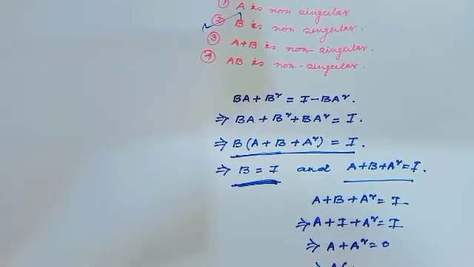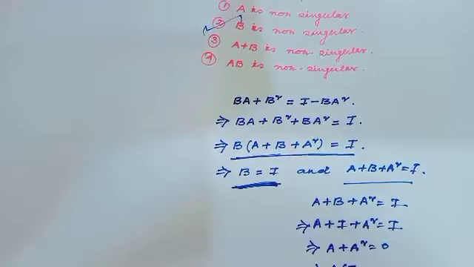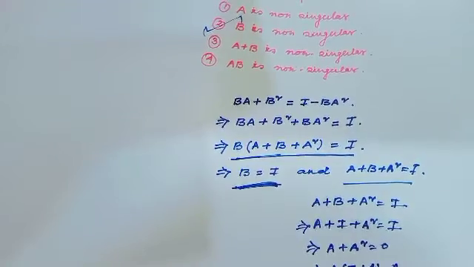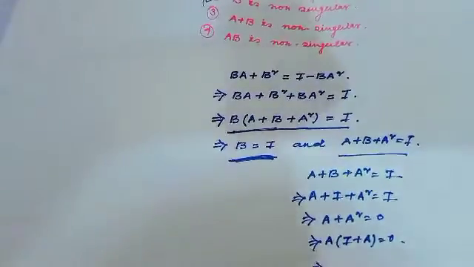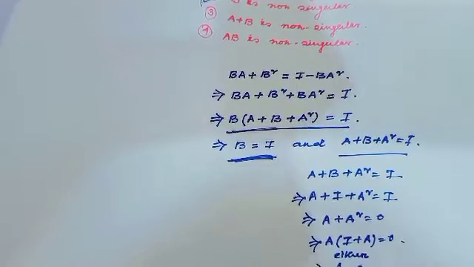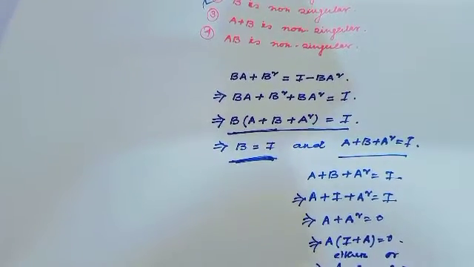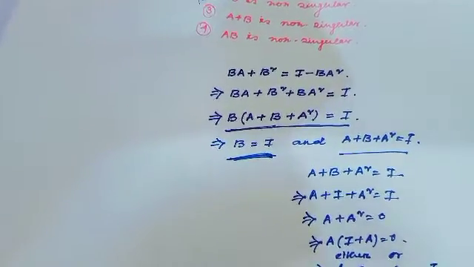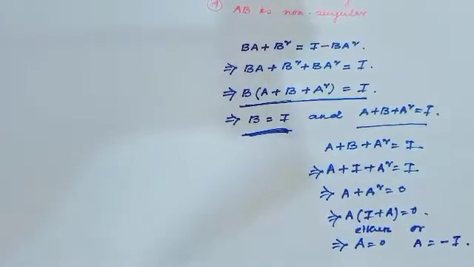Just taking A common, this would be A times (I plus A) equals 0. Therefore, this implies either A equals 0 or A equals minus I. Are you getting the equation?